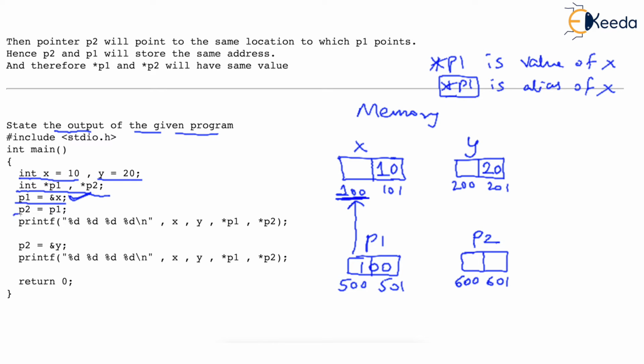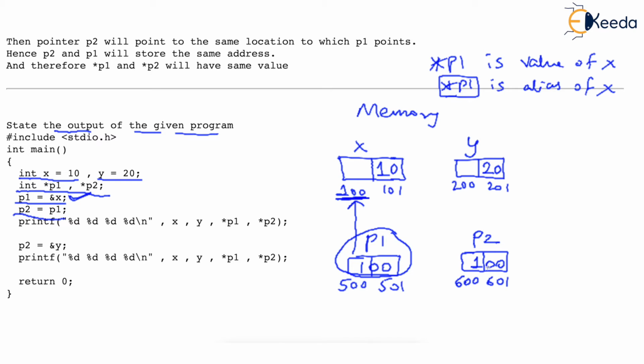Now have a look at next line, P2 is equal to P1. This means the pointer P2 should take the value of P1. What is the value of P1 in the picture? Value of P1 in the picture is 100. So P2 should store 100. Don't forget that P2 is a pointer and P2 is storing the value of P1. That means P2 is storing an address.